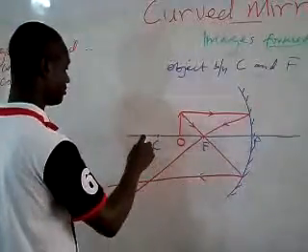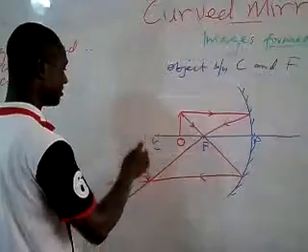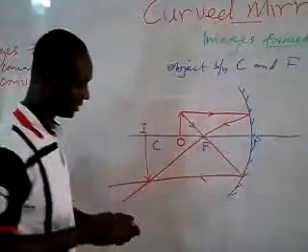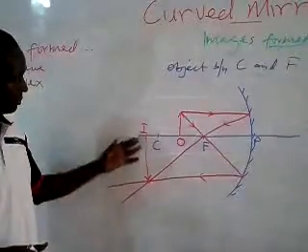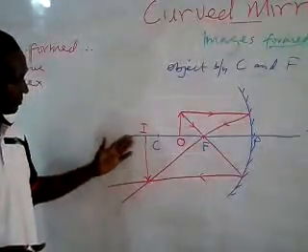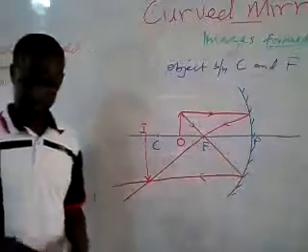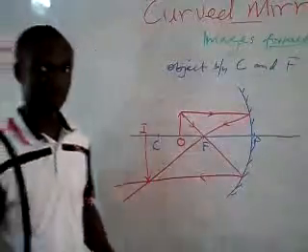The image will be formed somewhere here, inverted, and it will always be larger than the object. The image will be produced beyond C, inverted and larger than the object. And the image formed is also a real image.